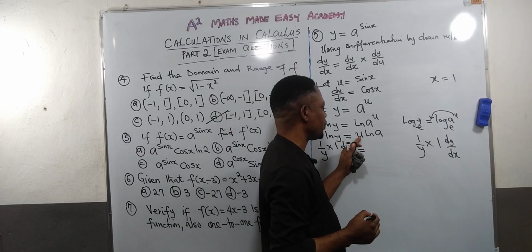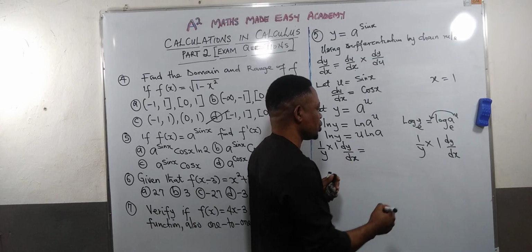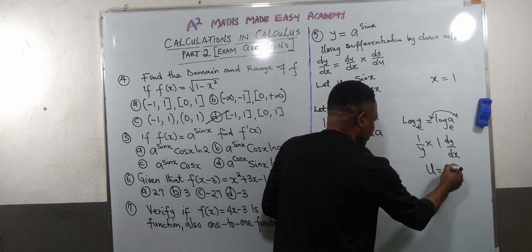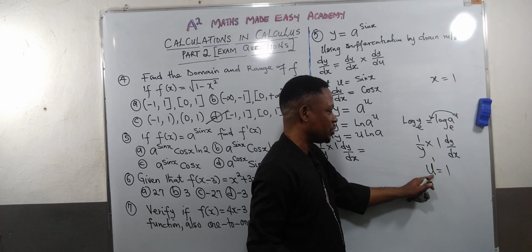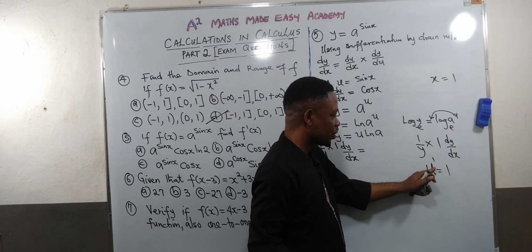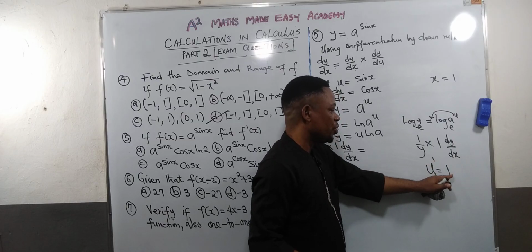Now the next thing is to differentiate u ln a, because u is the variable we are talking about. How do we differentiate u? It is still 1, like identifying the derivative of a variable, just x or y. This is u raised to power 1, and if you apply the rule of differentiation, it gives you 1.